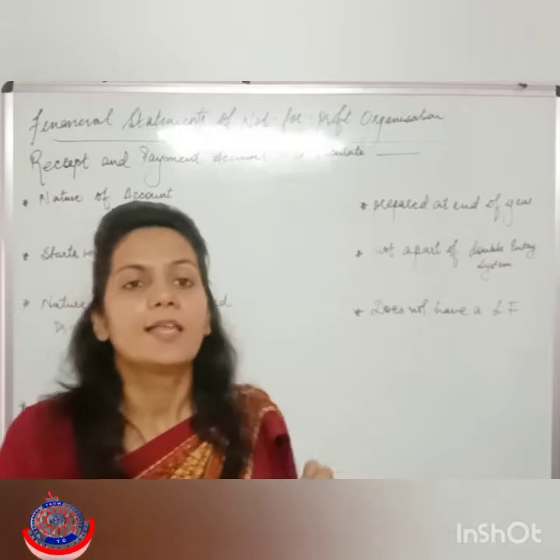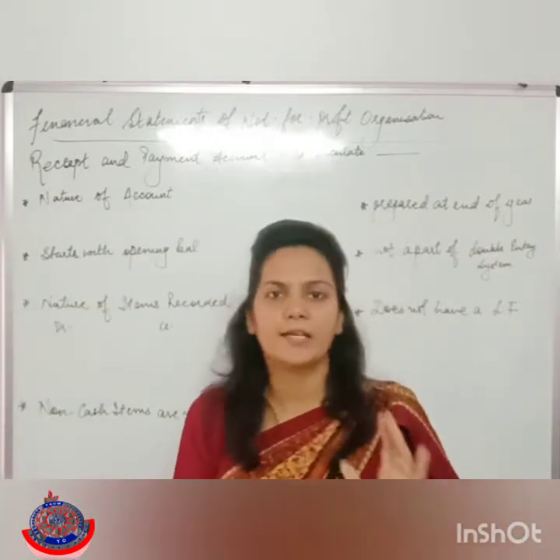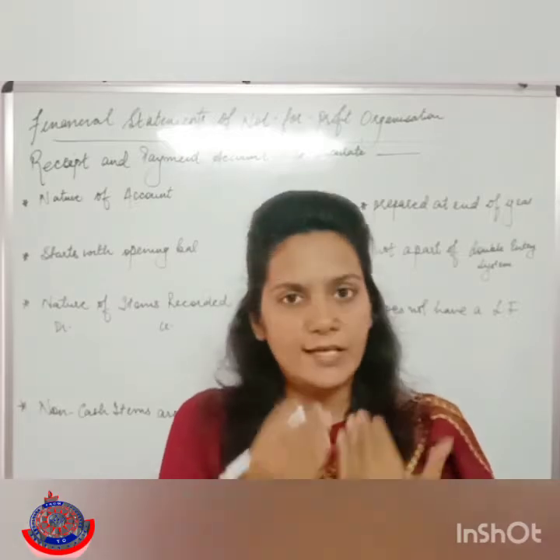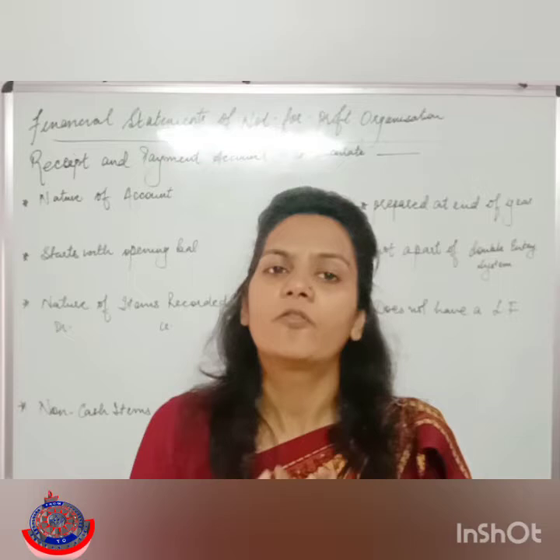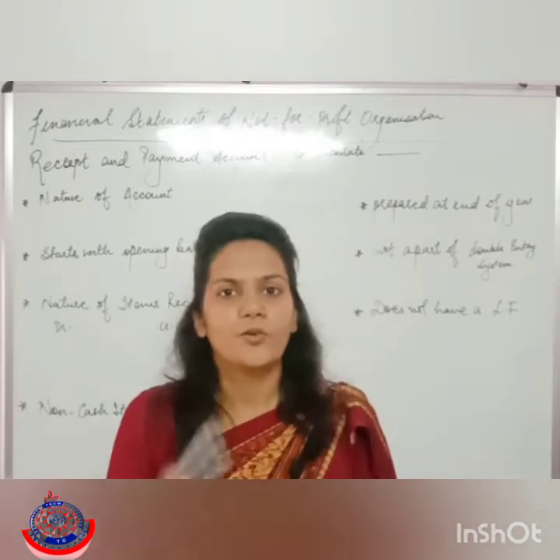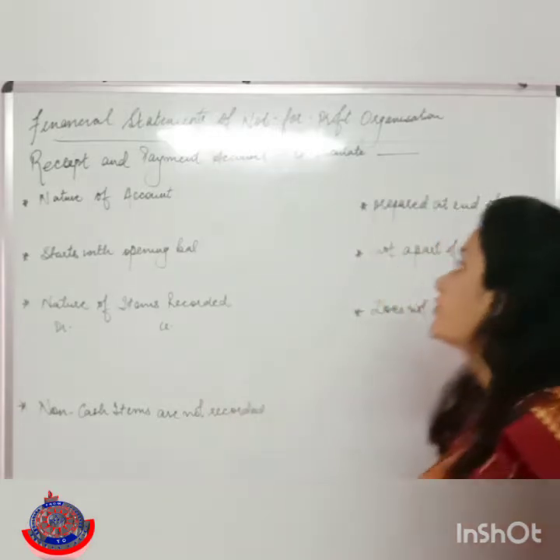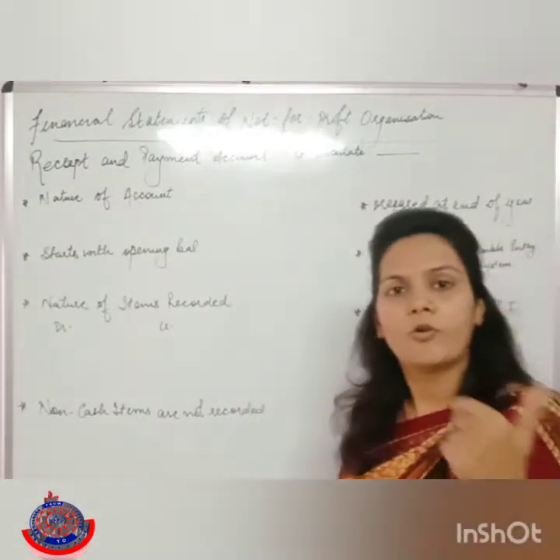But still, there are some differences between the receipt and payment account and the cash book. Though I call it the summary of the cash book, it is the same as the cash book itself, but still there are some differences. So now let's see what those differences are. First, you prepare the cash book on a chronological basis.